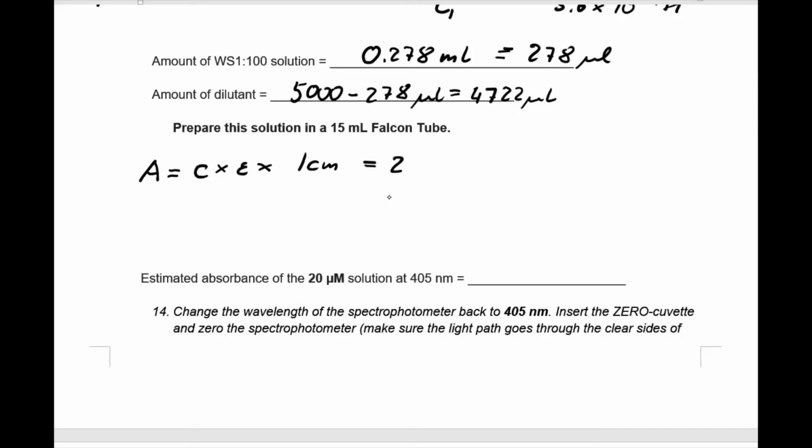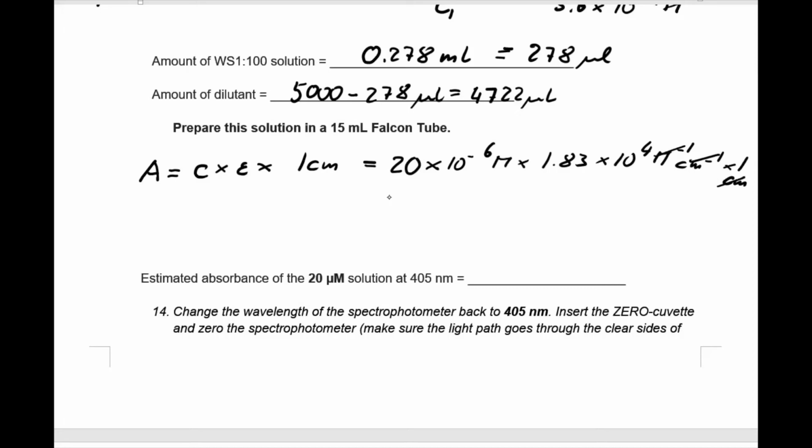So that would be 20 times 10 to the minus 6 molar times 1.83 times 10 to the power of 4 per molar and centimeter times 1 centimeter, and that cancels out.